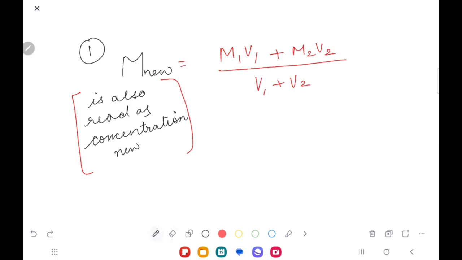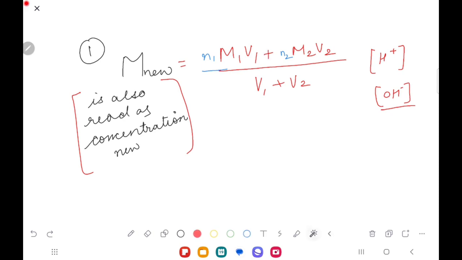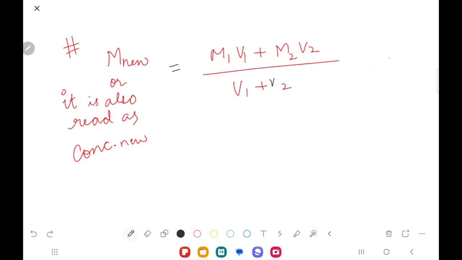And specifically if we are finding out the new concentration of H plus or the new concentration of OH negative, then we multiply with N1, M1V1 and N2, M2V2. Are you understanding my point? That means if you're finding out the concentration of H plus or OH negative, what are you going to do?